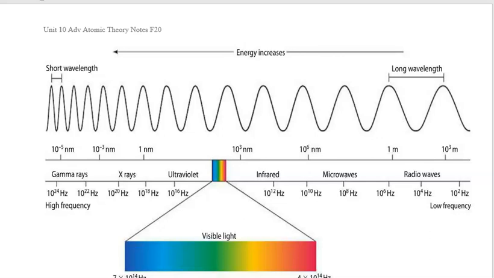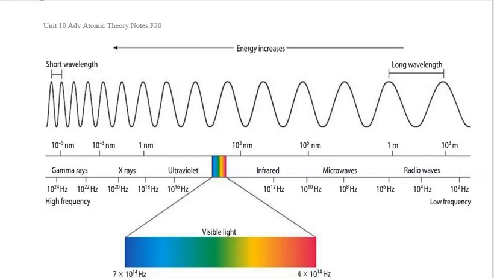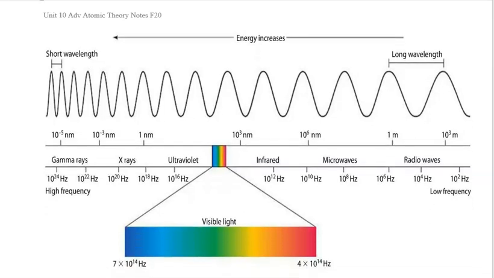And over on the left, it's what would be called violet, kind of a purplish color. Those are the ones with the most energy because they have higher frequency. So it's the frequency of an electromagnetic wave that determines how much energy it has.